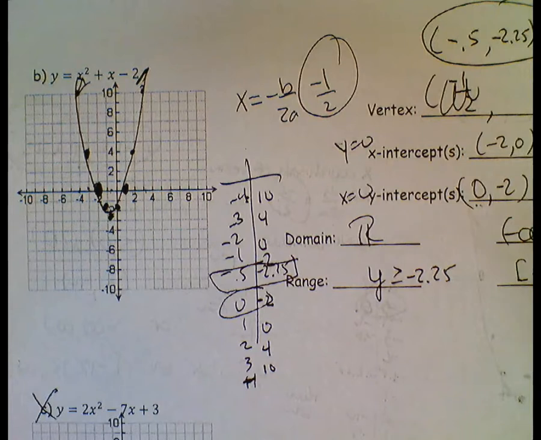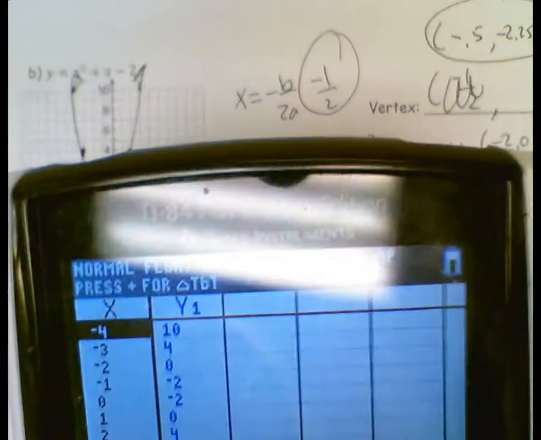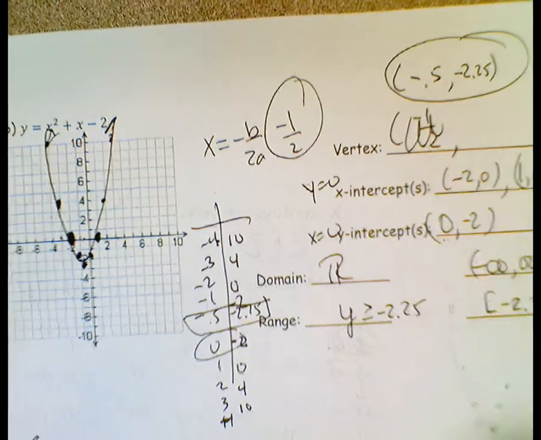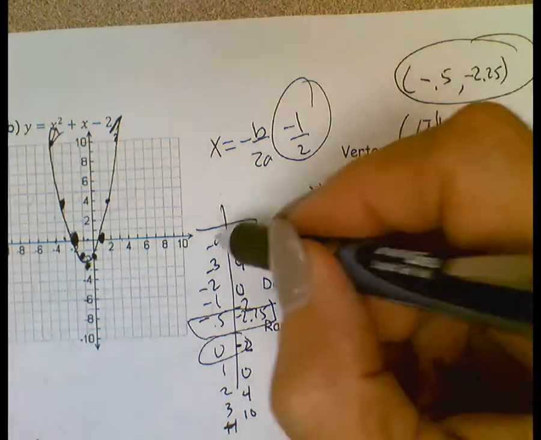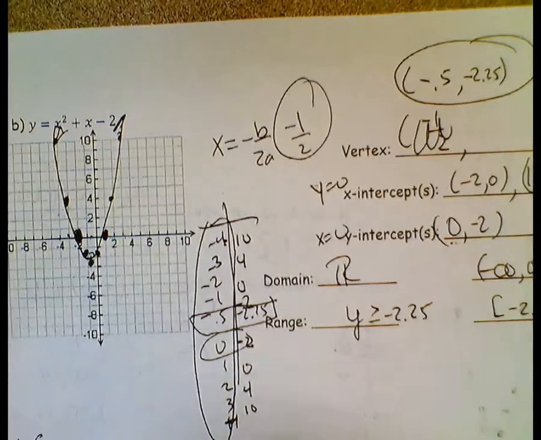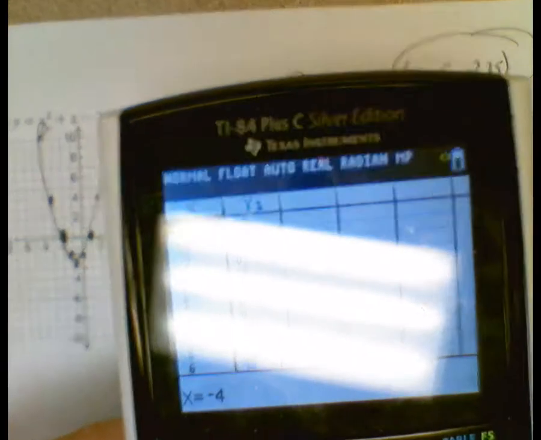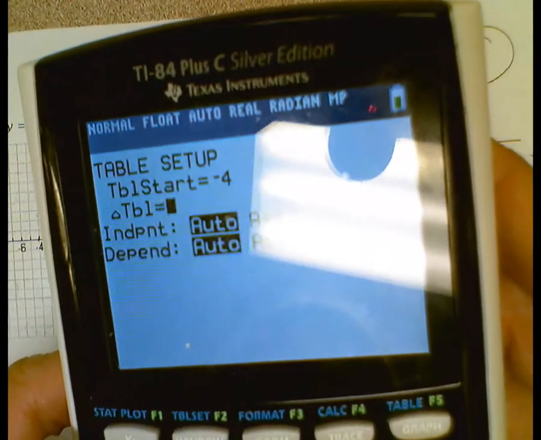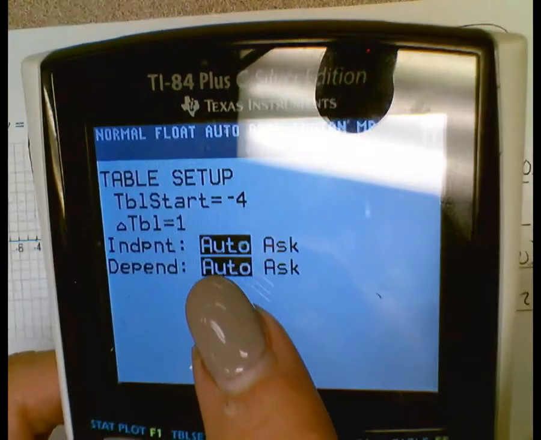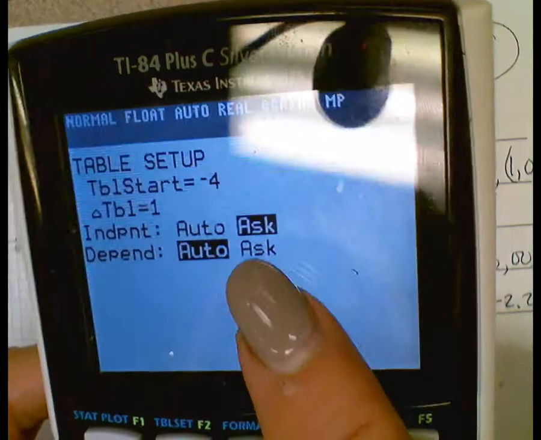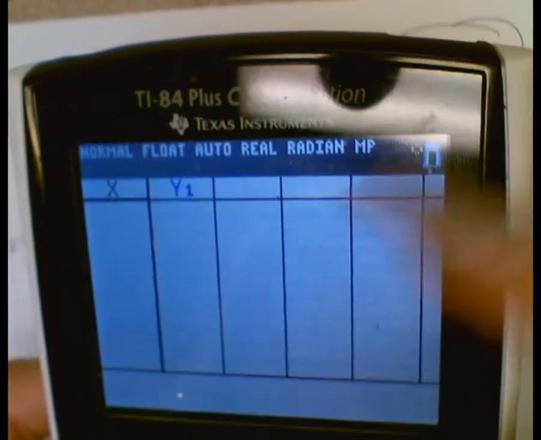And before I end this, I'm going to show you one more way to find this on a t-table. Remember when we got the negative 0.5? Remember how I said just go ahead and write all these down? There is one way you can do this. Go to second window. Do you see down here where it says auto? You can come over here and ask anything you want. Press second graph, and it's blank.